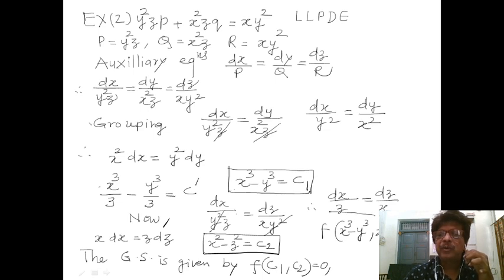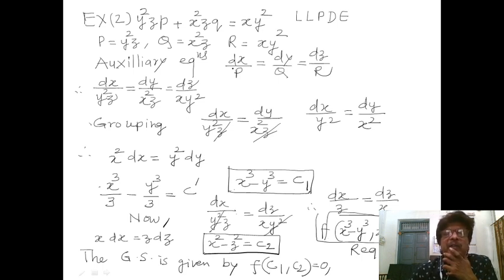So this is your required general solution of this given Lagrange's linear partial differential equation. We shall solve one more so as to clear your doubts. Let me solve one more.